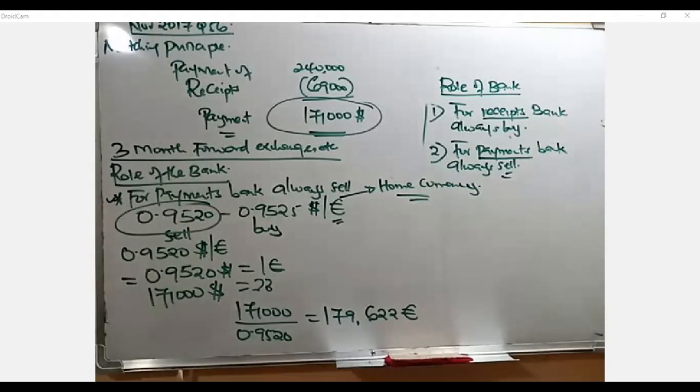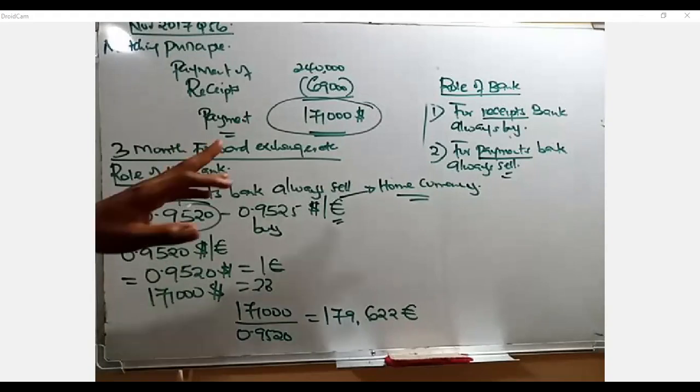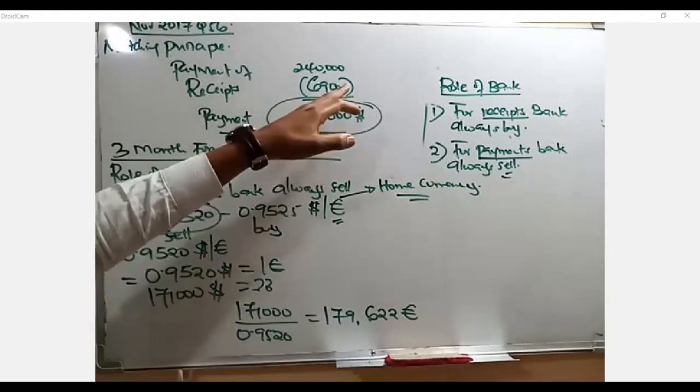Remember, this one was a 3-month forward exchange rate. But in your question, there is another story which is continuing. I was able to finish up to the point where we say the customer in the USA has been invoiced US dollar 69,000. That is what we were able to conclude at that point.